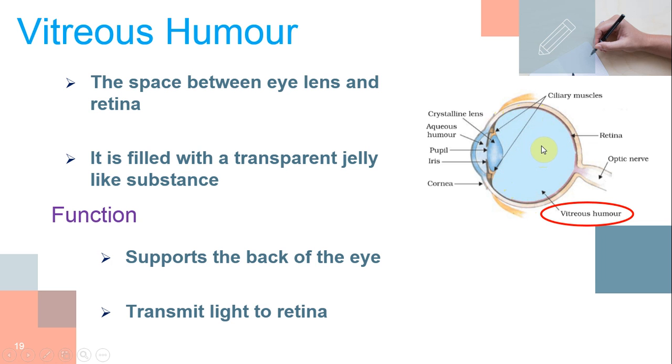This jelly is called vitreous humor. It supports the back of the eye. It transmits light to the retina. It is also a transparent material, so the light passes through the eye lens and focuses onto the retina.